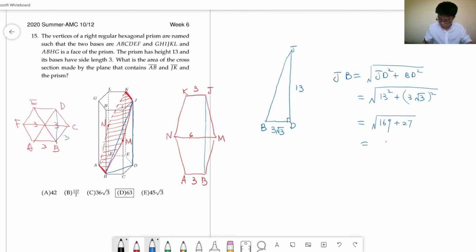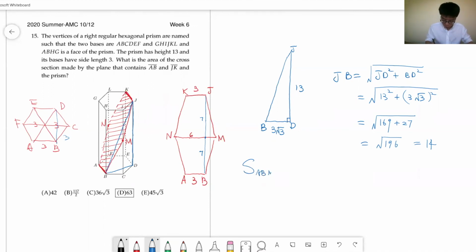This is 196, which is 14. So JB is 14. And of course, it's divided into two sevens by MN. So 7.